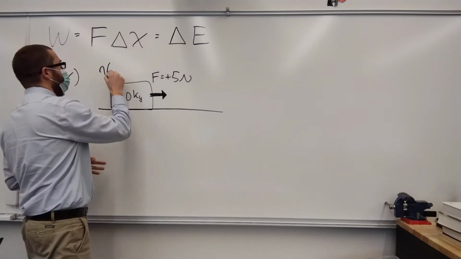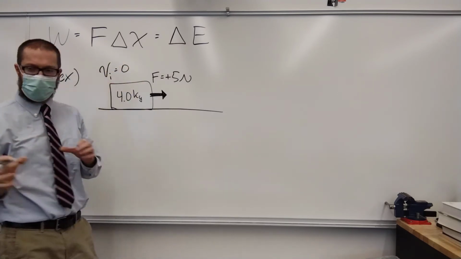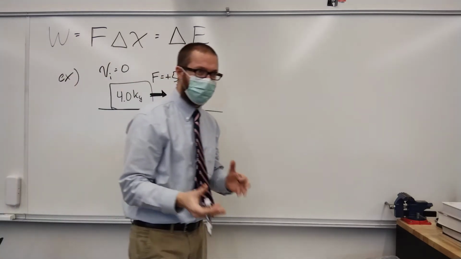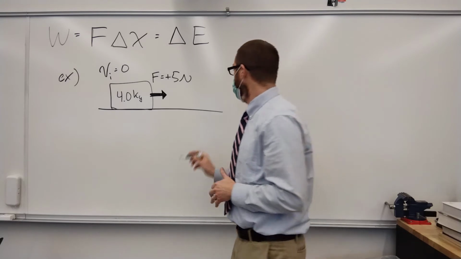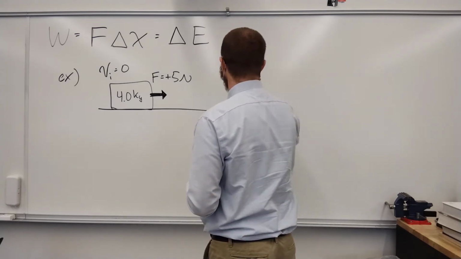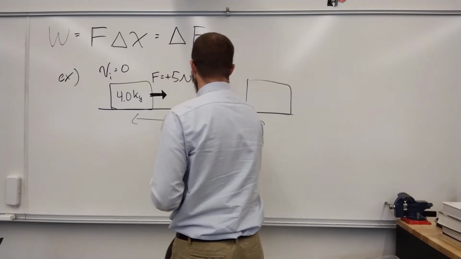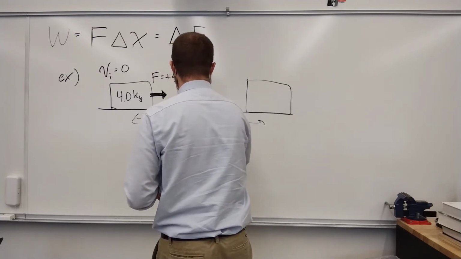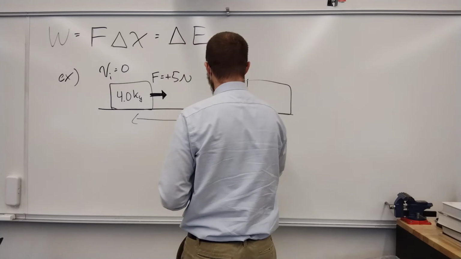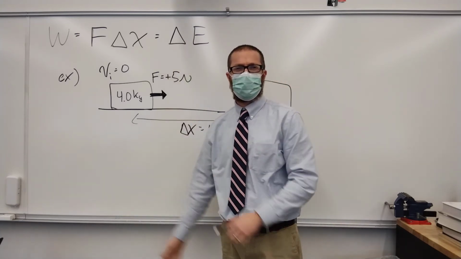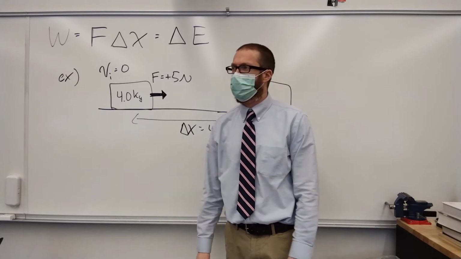The initial velocity is 0, so the block's sitting there at rest on the table maybe. You come along, you push it with 5 newtons of force, and you displace it, let's say, delta x is 4.0 meters. This could be pushing a box of books or something across the floor.